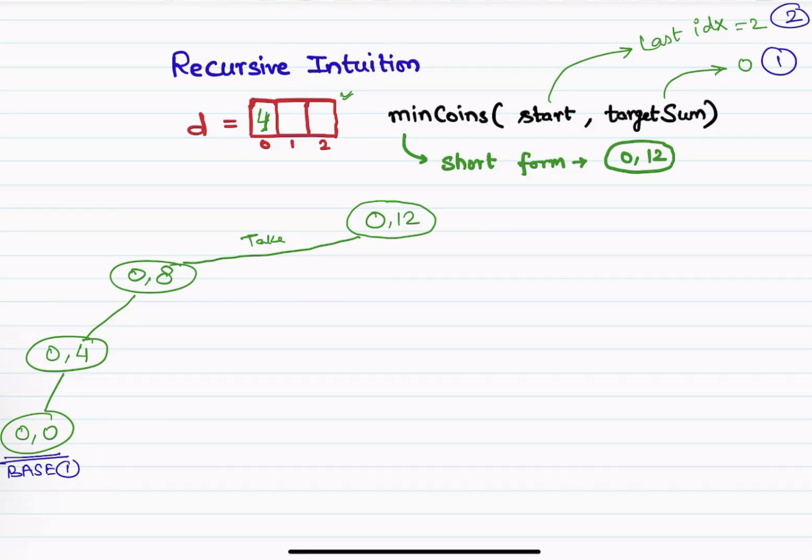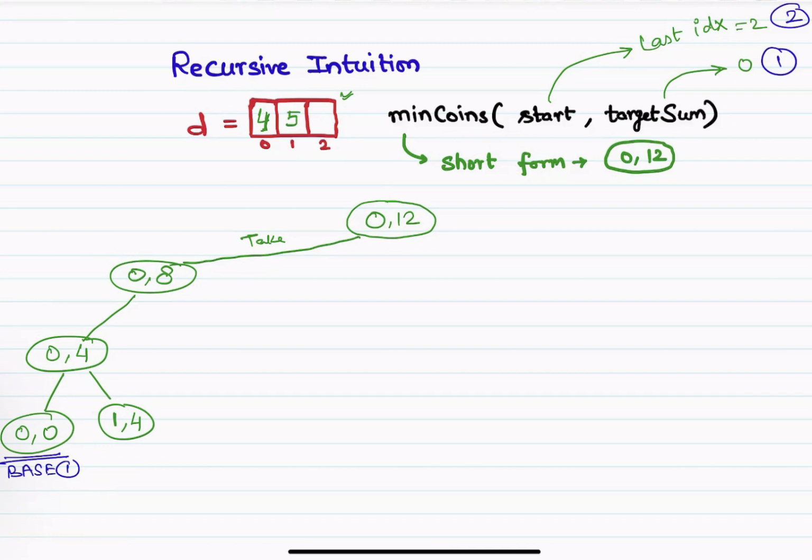Okay, so we'll move back. Now, at index 0, you had a second choice: you can leave the index 0 element. If we decide to leave, that means we are moving to index 1 and we are still looking for a sum of 4. Now, at index 1, let me reveal the element there. Let's say the element there is 5.